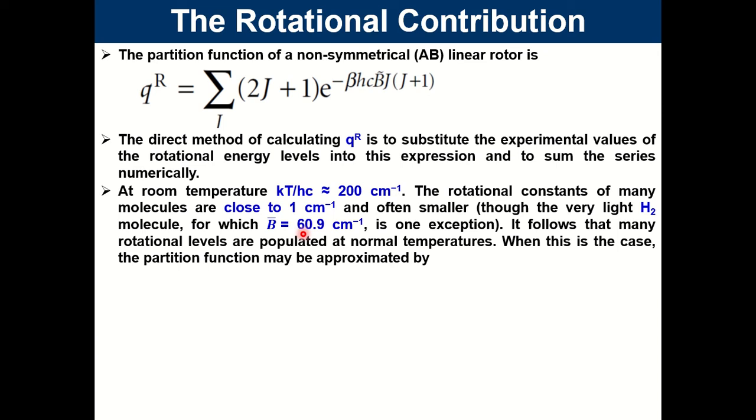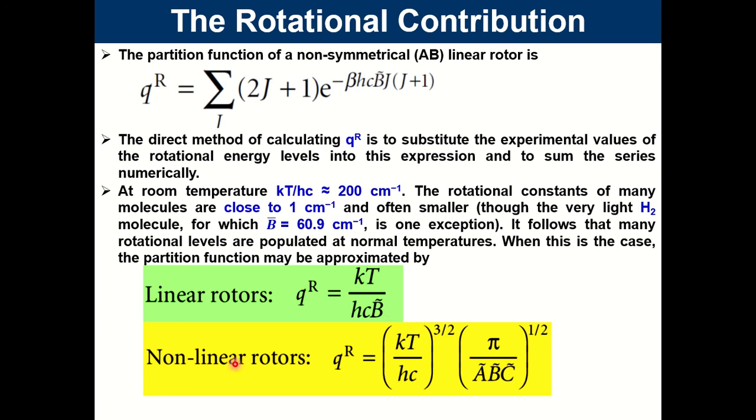At room temperature, only the ground state is mostly populated. For linear rotors, the partition function turns out to be kT/(hc B bar), where B bar is the rotational constant expressed in cm inverse. There is also an expression for non-linear rotors, but in this class I will focus on linear rotors.